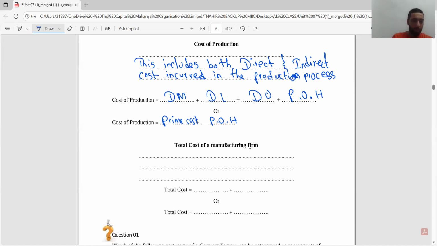Total cost of a manufacturing firm is both production cost and non-production cost.